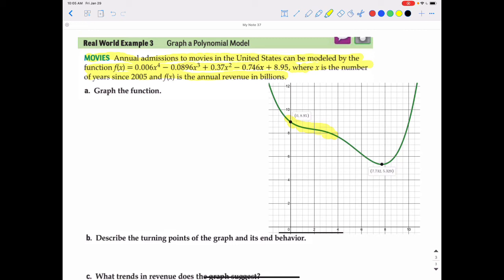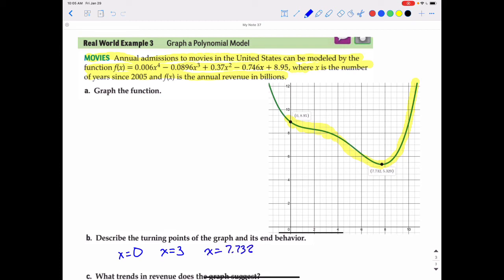And then there's definitely another turning point where it turns completely around down towards the bottom before it continues to rise indefinitely. So to answer the question, we do have turning points located at x equals 0. We have a turning point at about x equals 3. That's an estimate. And we can definitely see a turning point down there because Desmos highlighted it at about 7.732.